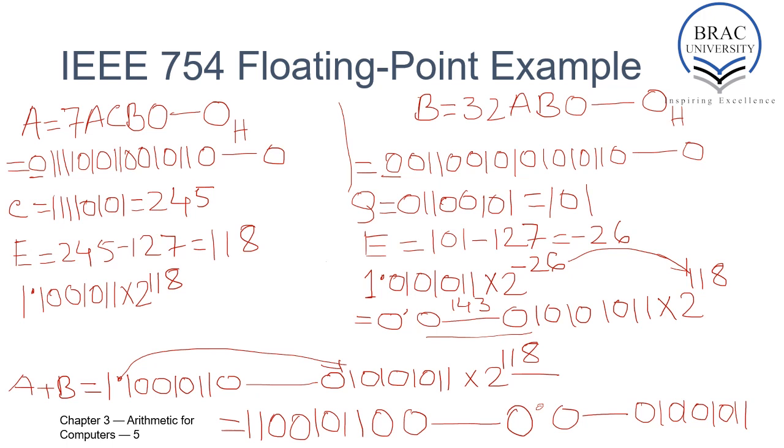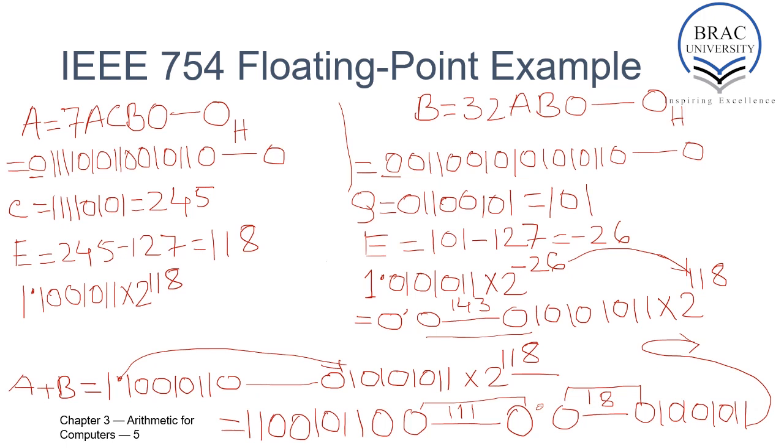This is what we are going to have. So how many zeros are we going to have in this part? In this part we are going to have 11 zeros, and in this part we are going to have 18 zeros.